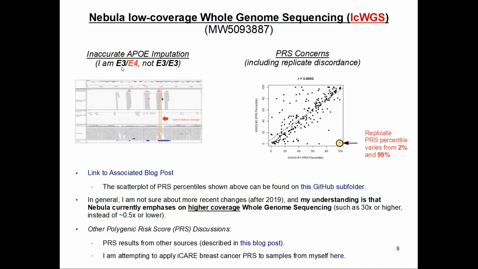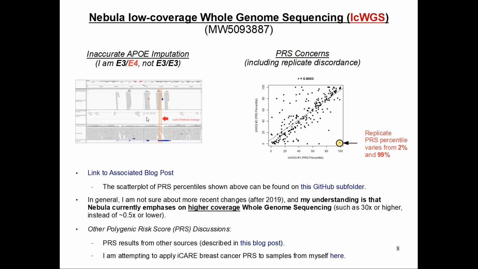But I have one E3 allele and one E4 allele. And between these two alleles, the difference is the SNP at this location. So basically the reason it said I had E3 and I really have E3, E4 is because it did not guess the correct SNPs that should be present here for my genotype.